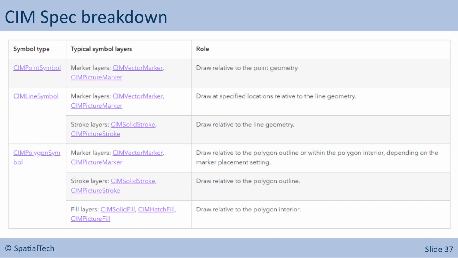Then you've got line symbols, again vector marker symbol, picture symbols, and solid strokes, or picture symbol stroke. Even on solid strokes, probably where you get into your dash lines and stuff like that, and so is it aligned with a different type of effect. And then polygon symbols: vector marker symbol, picture symbol. And you've got to distinguish between the fill patterns versus the stroke, or the outline.